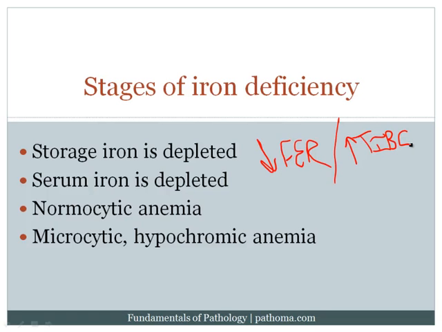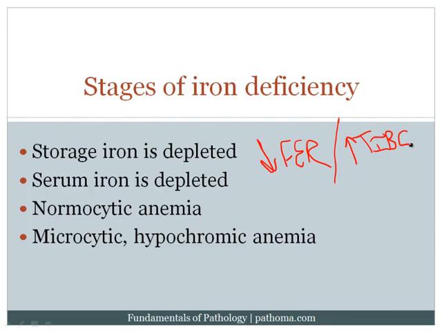Whenever the ferritin is down, then the macrophages and the liver will recognize that the ferritin is down, particularly because one of the storage sites of iron is the liver, and then the liver will begin to pump out more transferrin molecules to go and try to find more iron. And so any time the ferritin goes down, the TIBC, which is a measure of the number of transferrin molecules, will go up. General principle, always: when the ferritin goes down, the TIBC will go up. So that's really the first stage of iron deficiency.